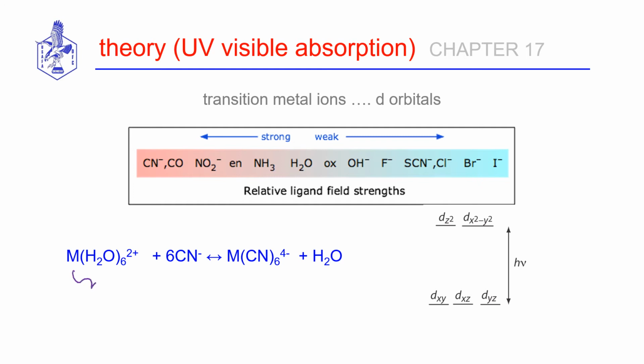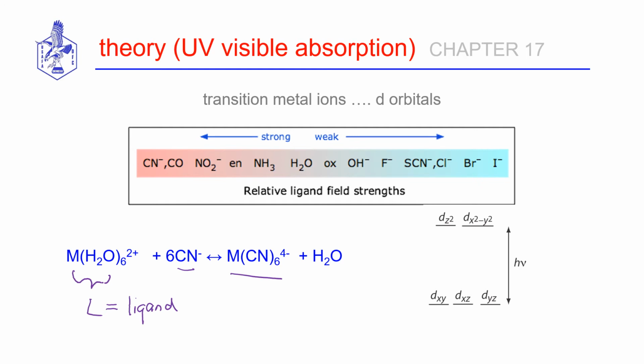So in this case, I have water as my ligand. But if I switch out cyanide ion for the water and end up with this complex, the splitting pattern of the d orbitals changes based upon the ligand that we complex.